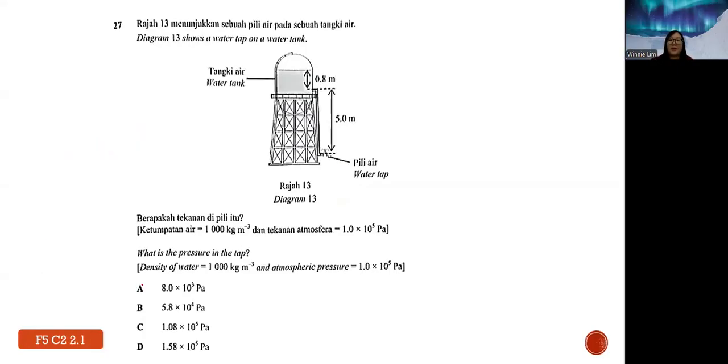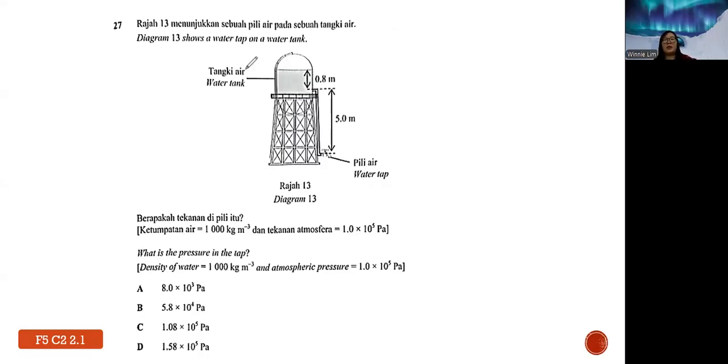27. Diagram 13 shows a water tap on a water tank. What is the pressure in the tap? Actually, this question has a slight mistake, whereby the options and choices of answer are supposed to be given.